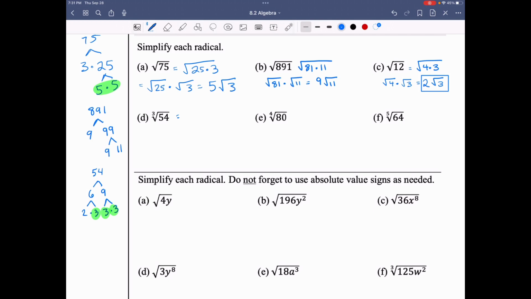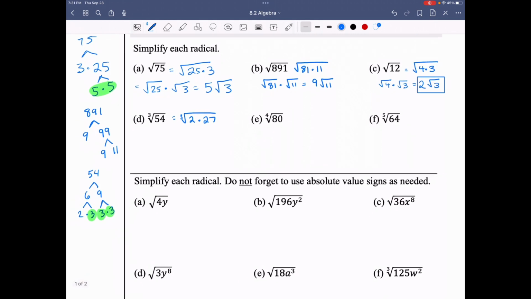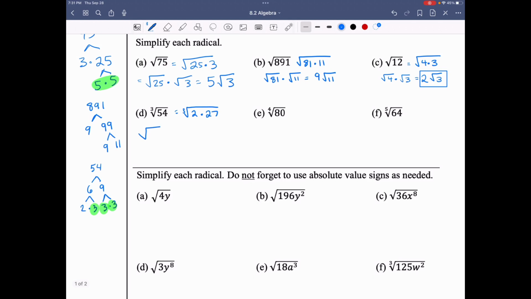It's going to be 27. So 54 is the same as 2 times 27, and the cube root of 27 is 3. So that is equal to 3 cube roots of 2.